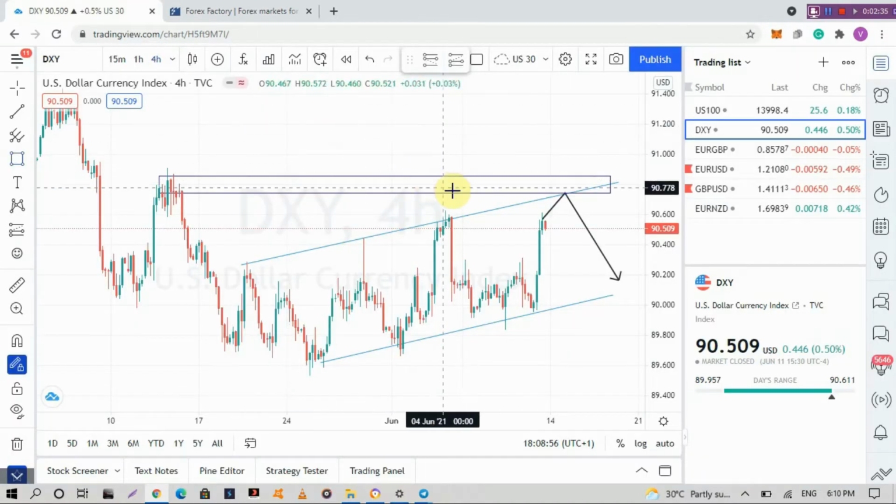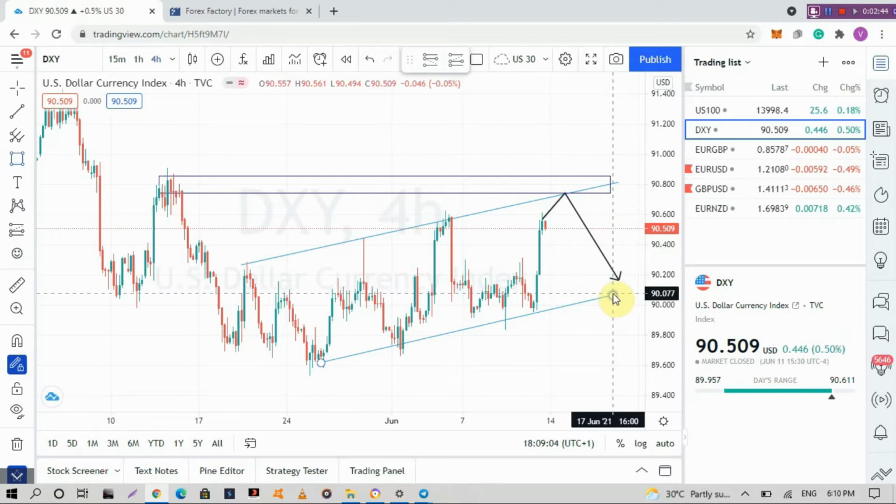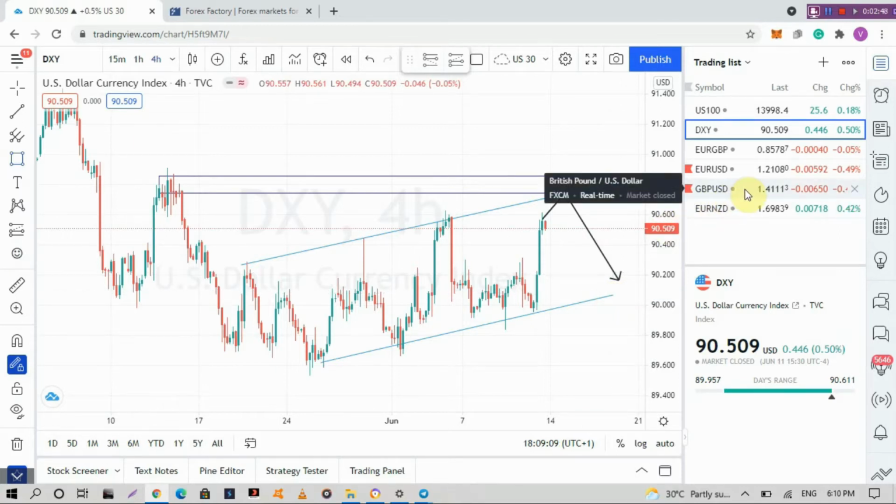So we can see that the DXY might approach a little resistance around this end, and as it approaches, it may want to come down to this region. So what does this mean? It means that we might be favoring other pairs, as the US dollar might possibly see a little decline.